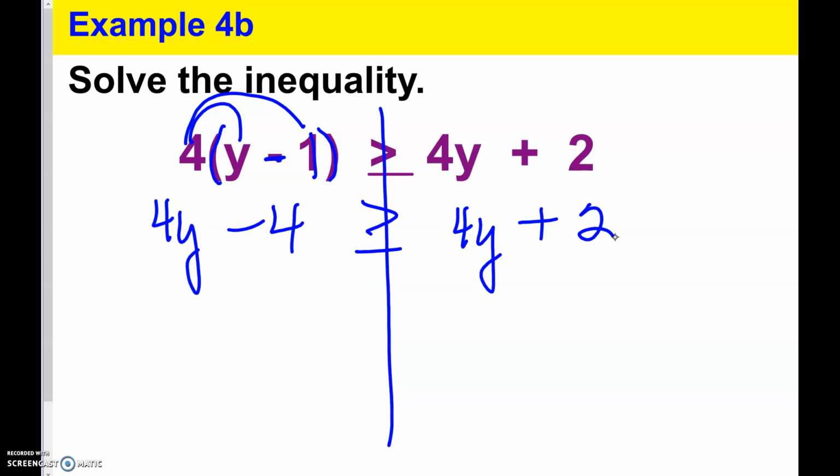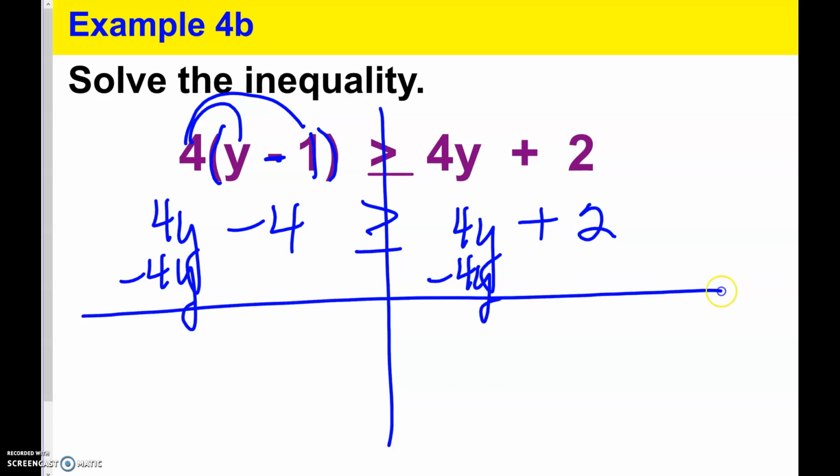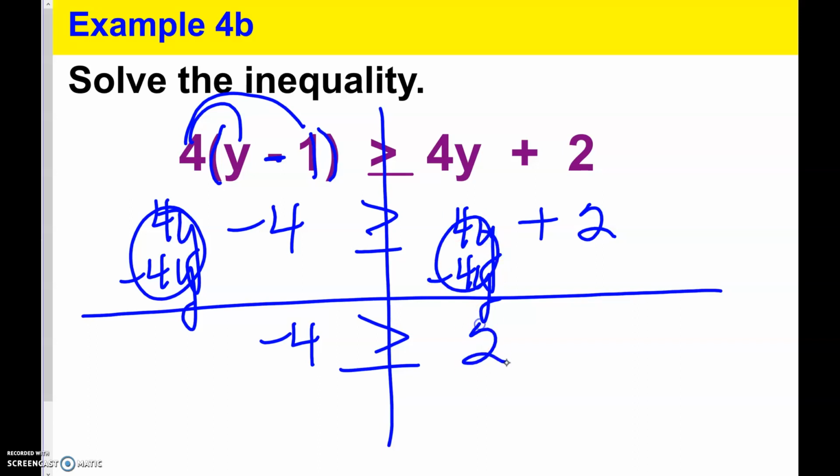Okay, now we want to get those y's together. So I'm going to subtract 4y from one side, and I'm going to subtract 4y from the other side. 4y minus 4y is 0, so you're left with -4. Make sure you copy that symbol exactly like it is, because all we did was add and subtract. 4y minus 4y is 0, and then we have 2. So now let's read this statement. Is -4 greater than or equal to 2?